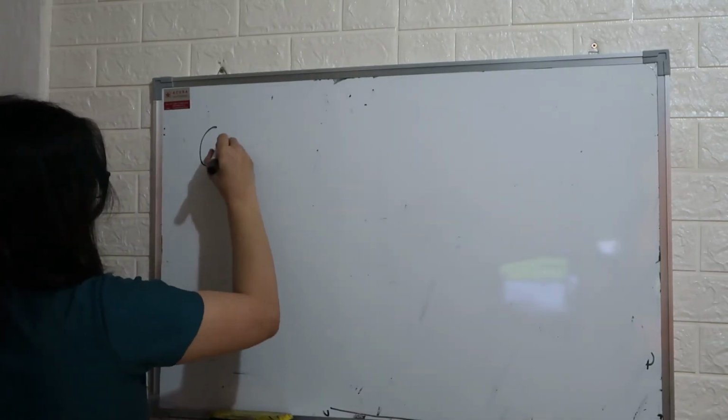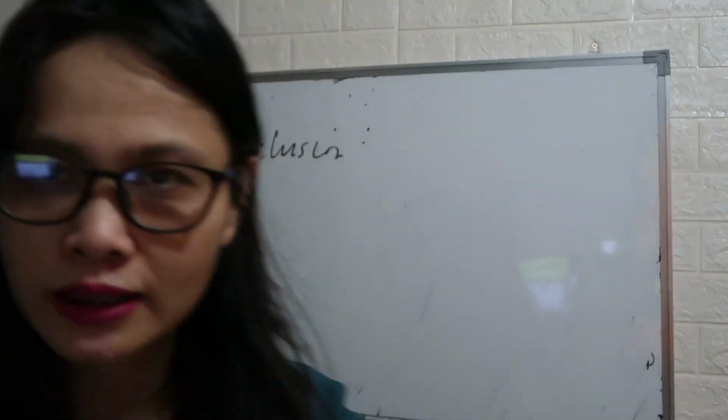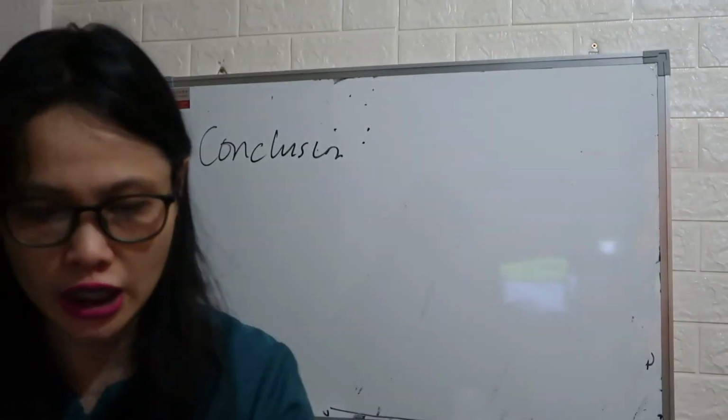Going back to your statements in the first procedure, reject H0 means you need to accept your HA. So what is your HA?